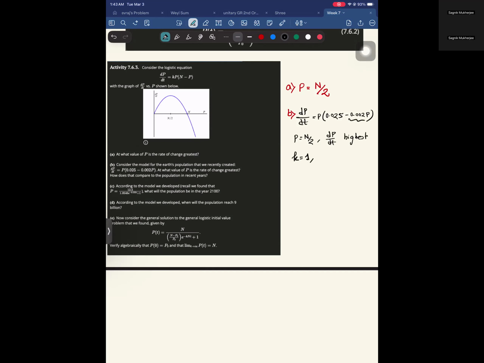Oh, my bad. I have to rewrite this equation, so I have to bring it into the usual form.